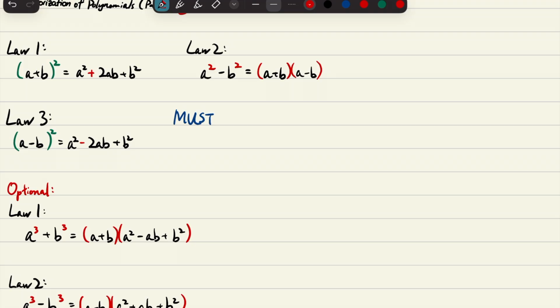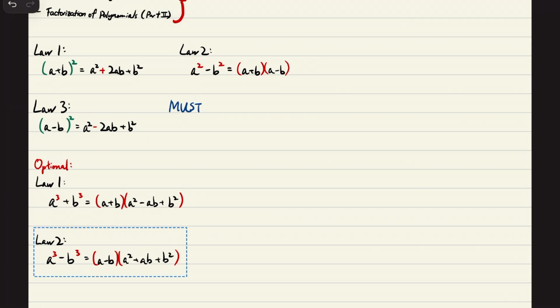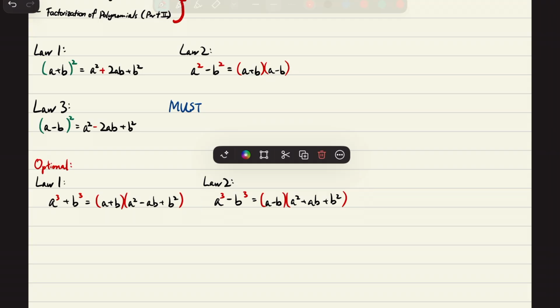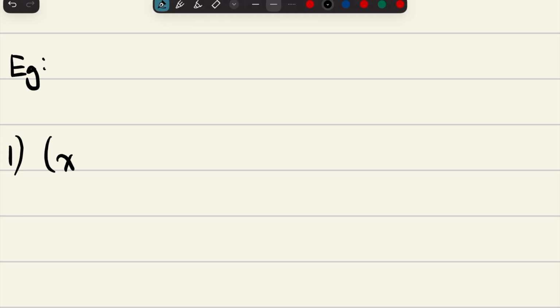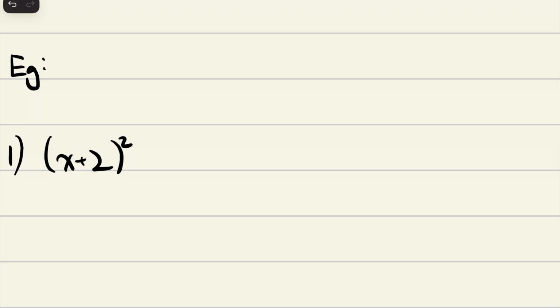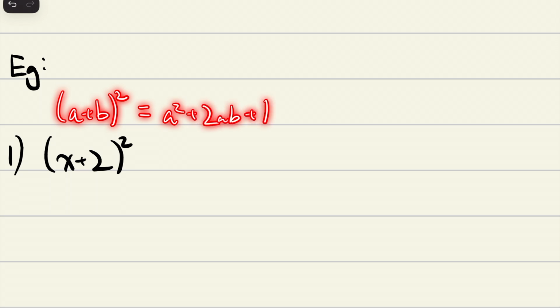And I'll do a few practice questions. Let me just move this away, move to here, and there are examples. So the first one will be x plus 2 squared. If you remember the perfect square identity, it says that a plus b squared equals a squared plus 2ab plus b squared.